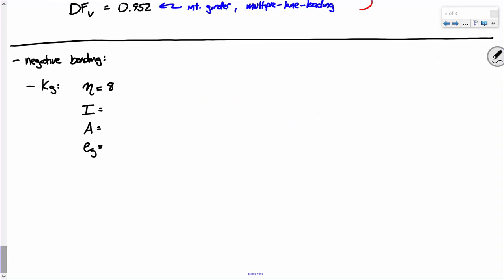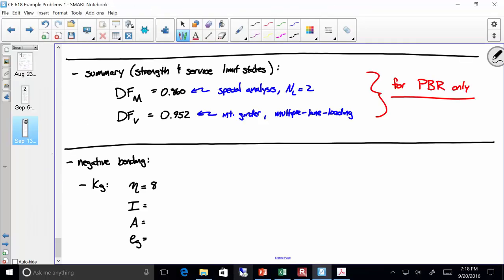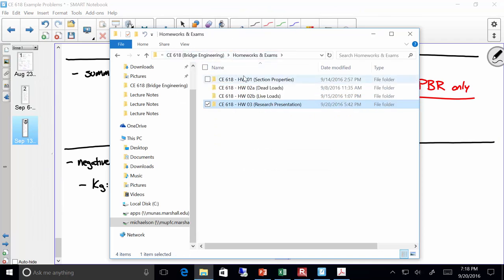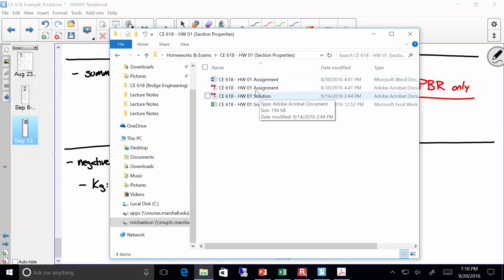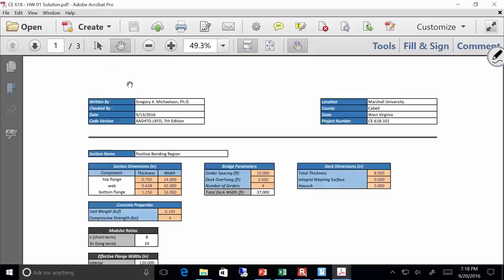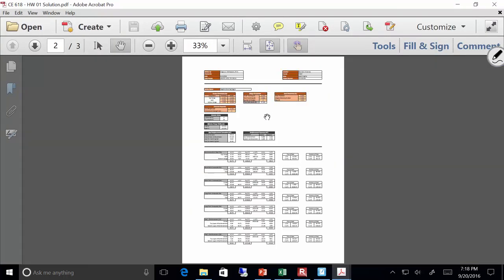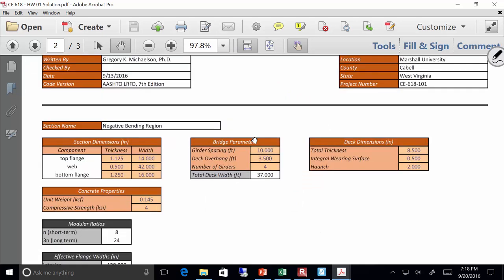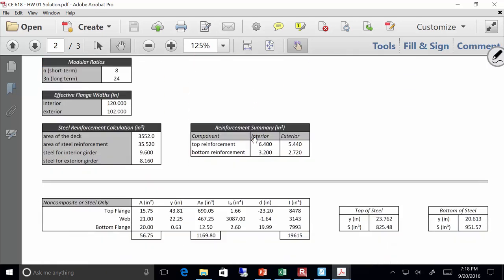So let me go back to my folder. Let's go back to my notes. Section properties. Let's go here. And let's look at our negative bending region. So here's my spreadsheet with the negative bending region properties on it.